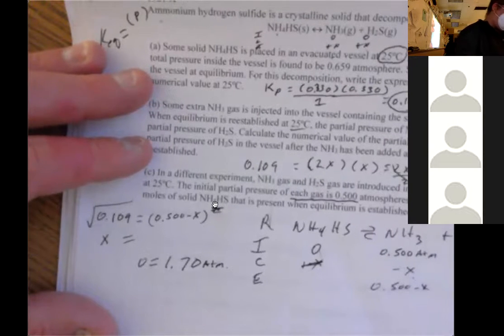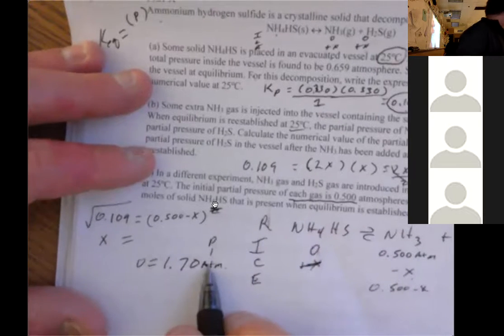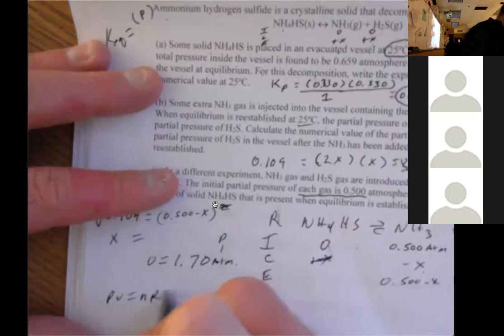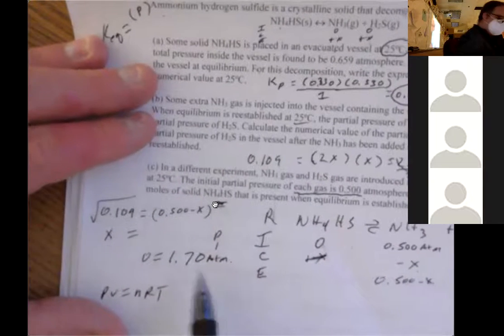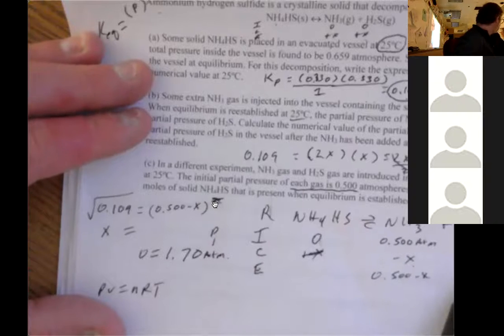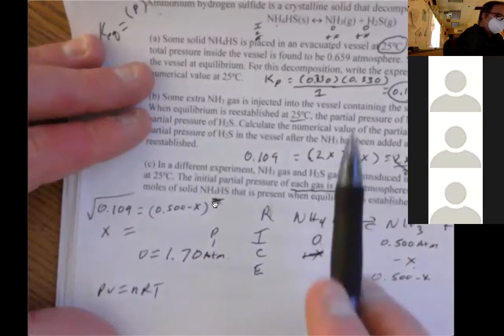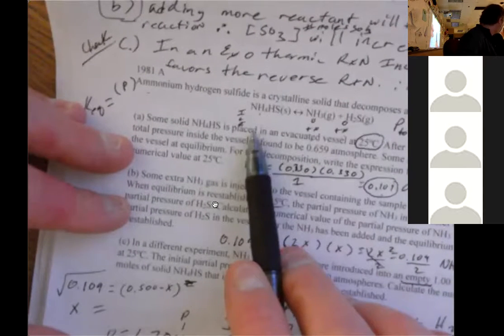By knowing that pressure, this problem gets crazy. By knowing that pressure and PV equals nRT, you with me? By knowing the pressure that we lost here, whatever that is, we can find the moles that was used up. And for every 1 mole of this gas that's used up, how much of this do we get? 1 mole.